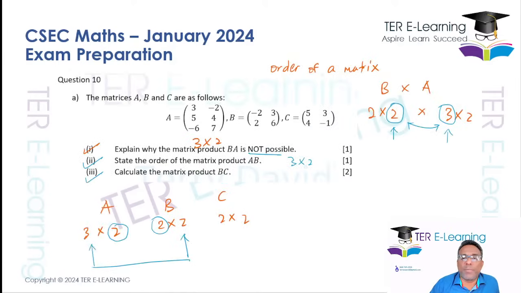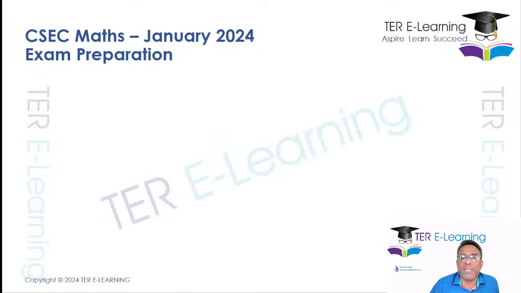So we have B, which is minus 2, 3, 2, 6, and you're multiplying that by C, which is 5, 3, 4, minus 1.